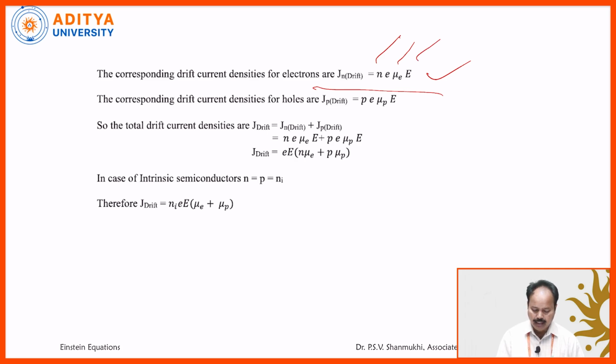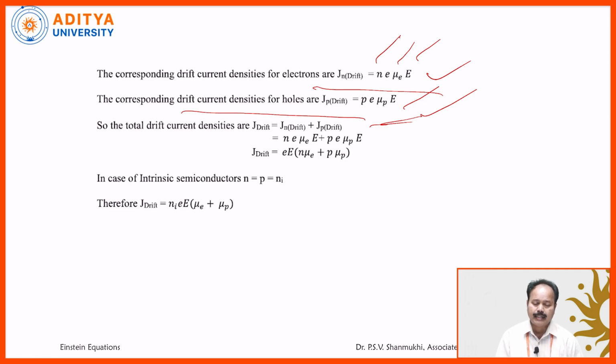In the same way, the current density due to holes we can write as Jp drift is equal to P e mu h into E, where P is the hole density, e is the charge of the electron, mu h is the mobility of holes, and E is the applied electric field.